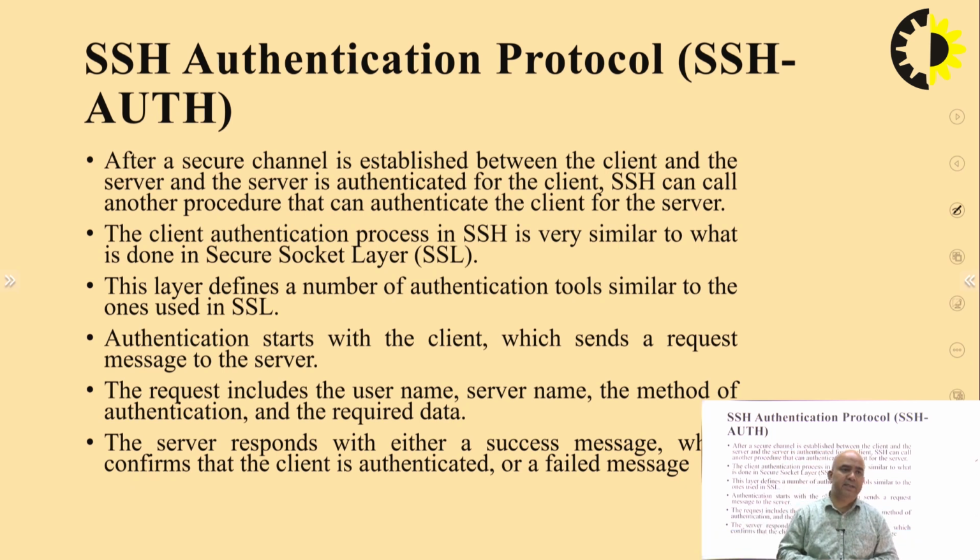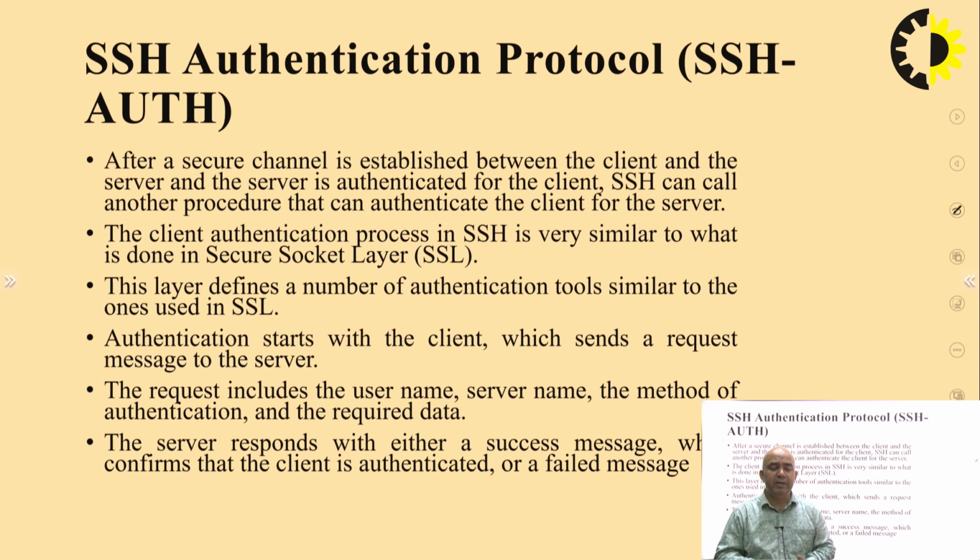So, authentication starts with the client, which sends a request to the server. The request sent by your client includes the username, server name, the method of authentication, and the required data.